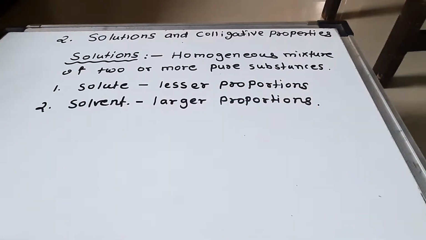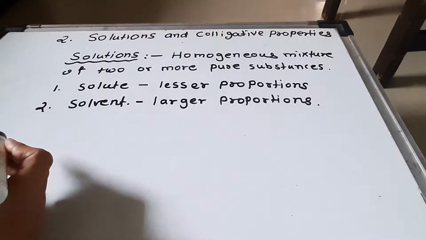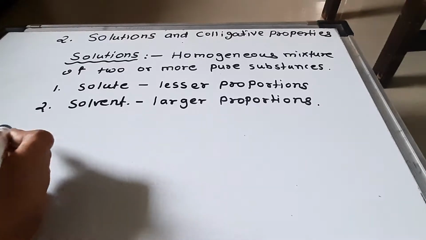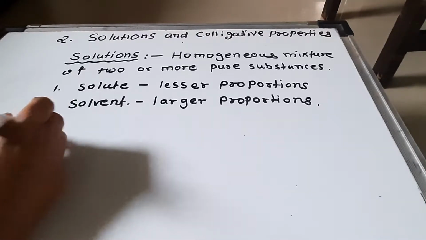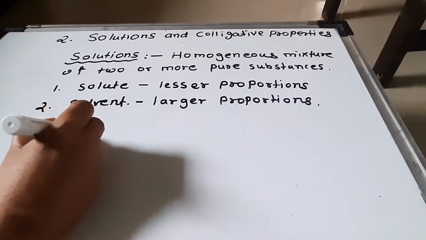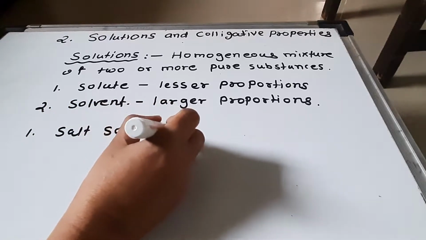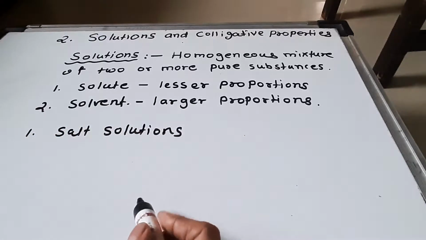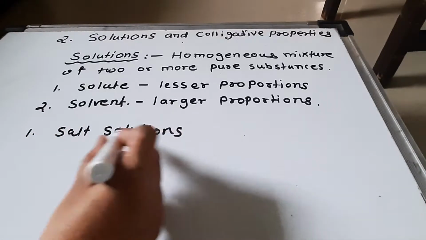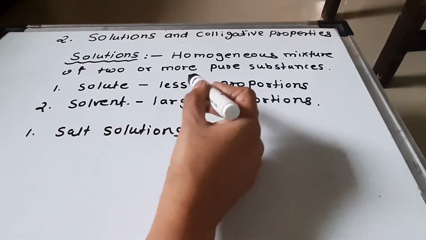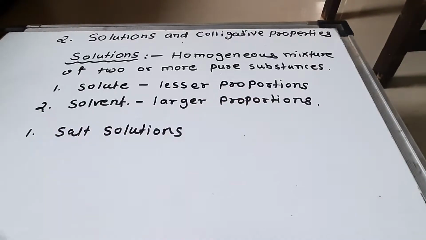So let us study examples of solutions. First example, salt solution. The salt solution will be prepared in water. In this solution, salt is in a lesser proportion and water is in larger proportion.